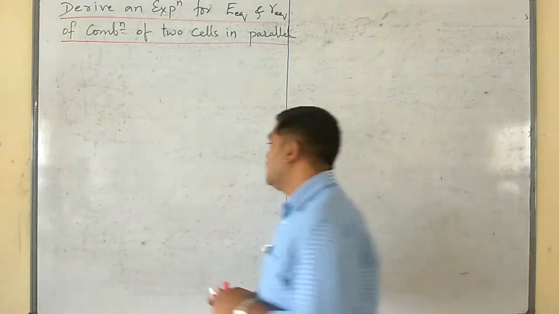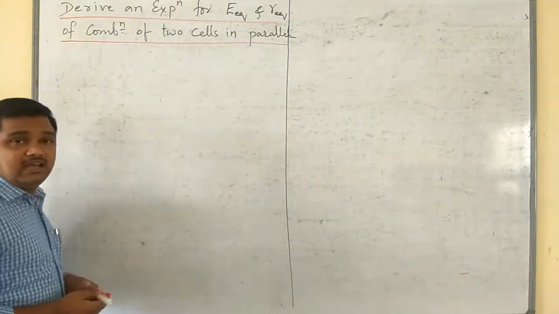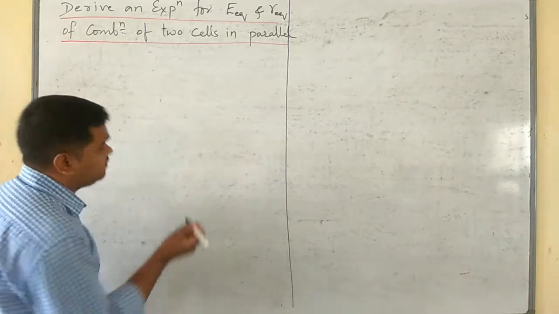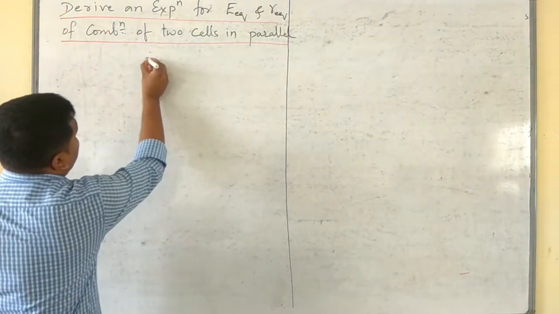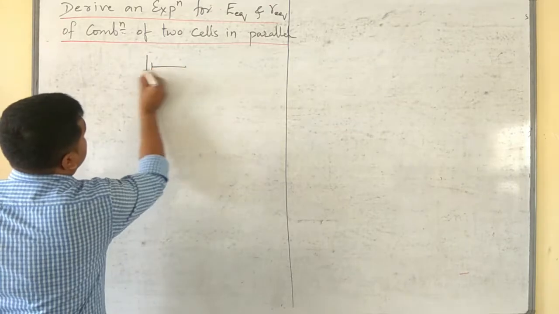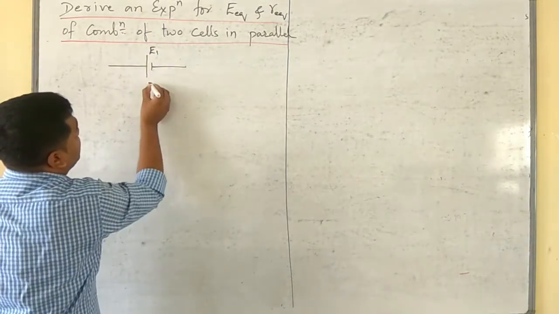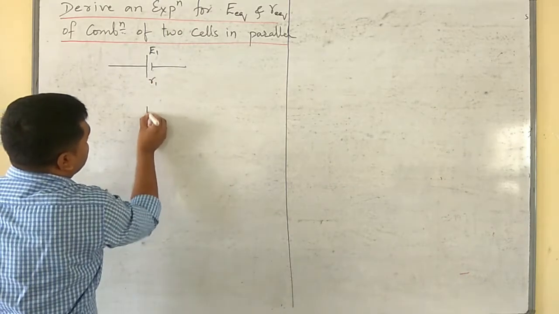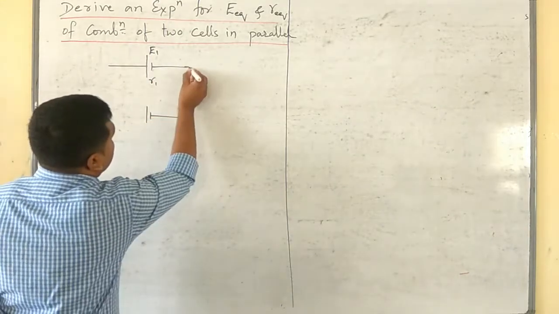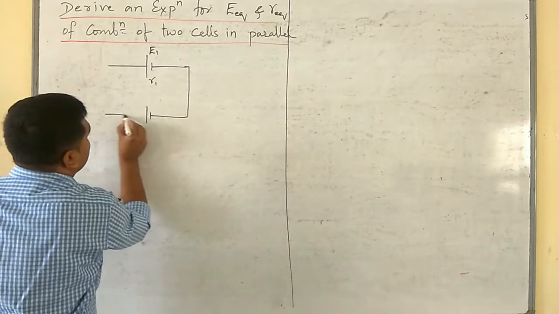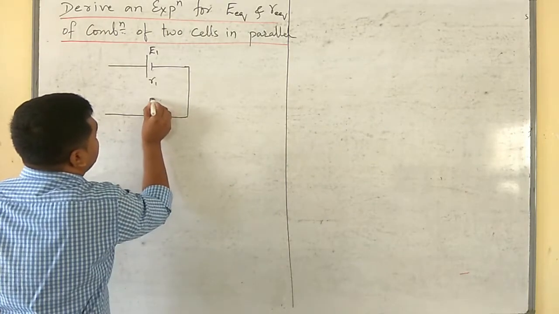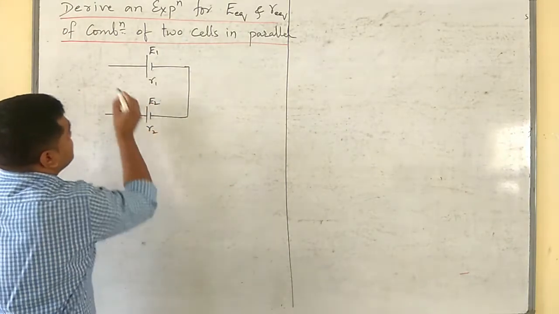As the question itself indicates, let us consider two cells in parallel. Say this cell has EMF E1 and internal resistance R1. Similarly, let this be the second cell having EMF E2 and internal resistance R2.